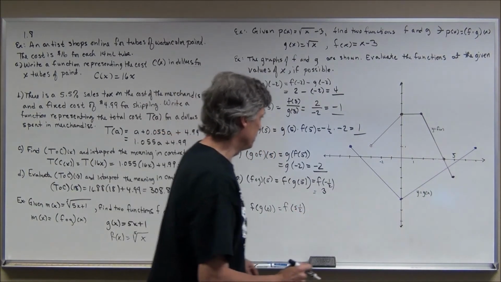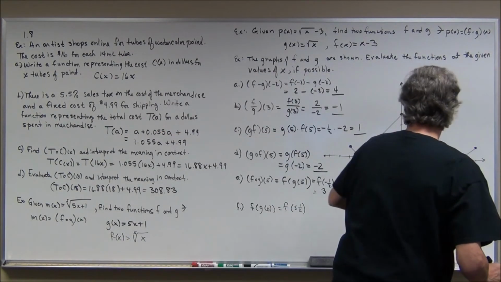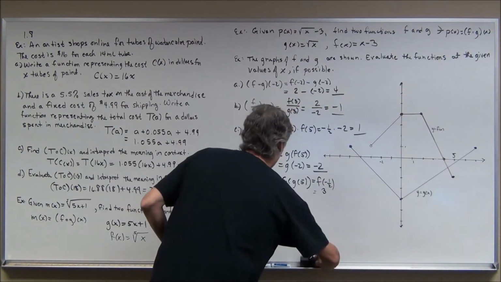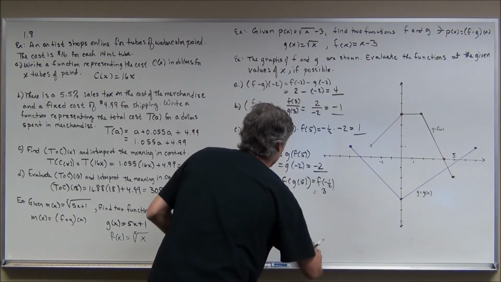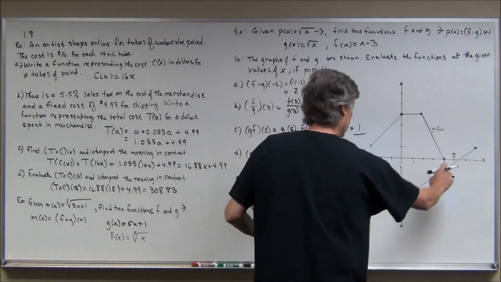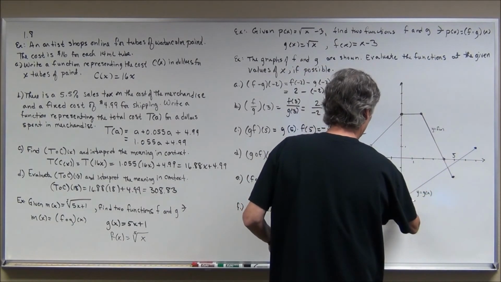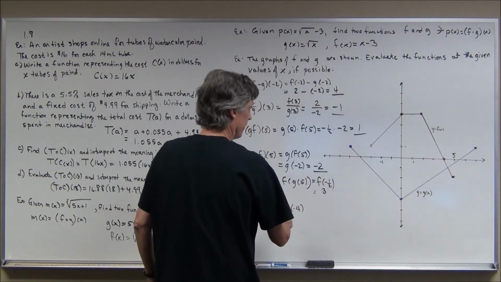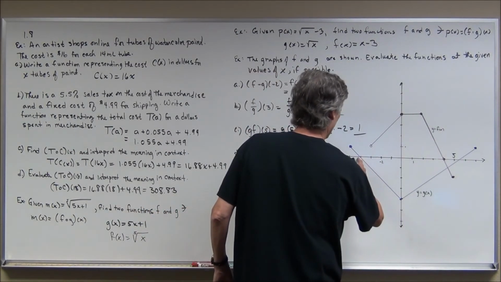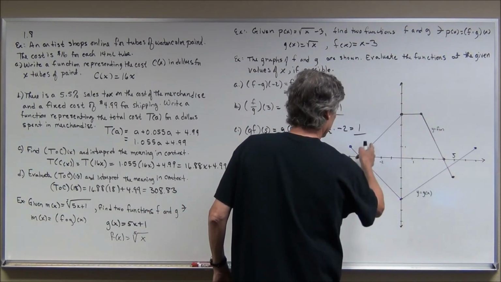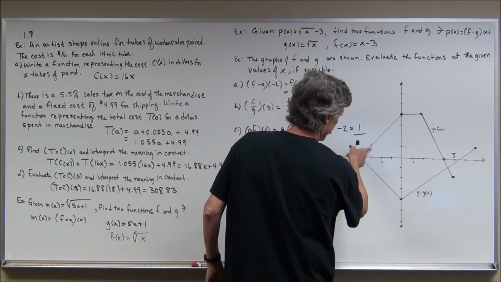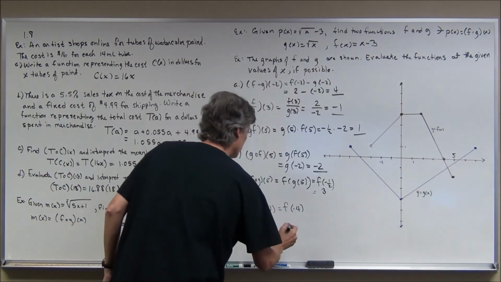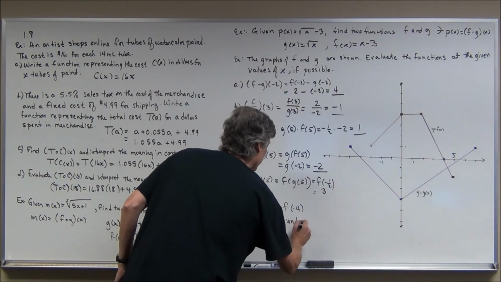Oh, no, hang on. Where am I? I'm going for the wrong value here. g of 0 would be down here at 1, 2, 3, negative 4, excuse me. And then f of negative 4, 1, 2, 3, 4, well, it's not even defined. It stops right at negative 3, not including it, so this is undefined.